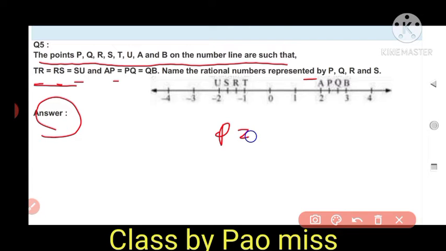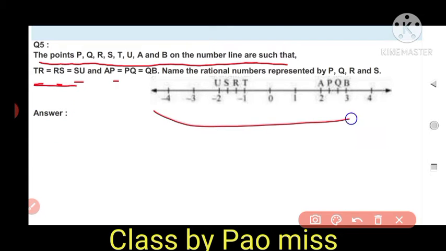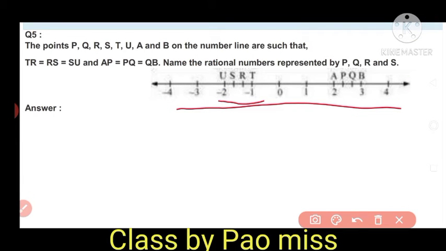Now see the number line properly. Observe the number line properly. This side is negative and this side is positive. Now I will draw here T, this is T and this is U, and R, S, isn't it?